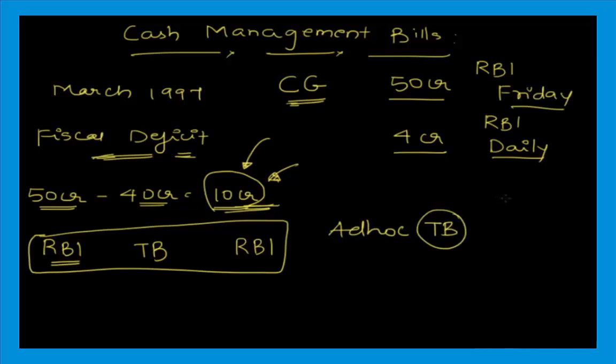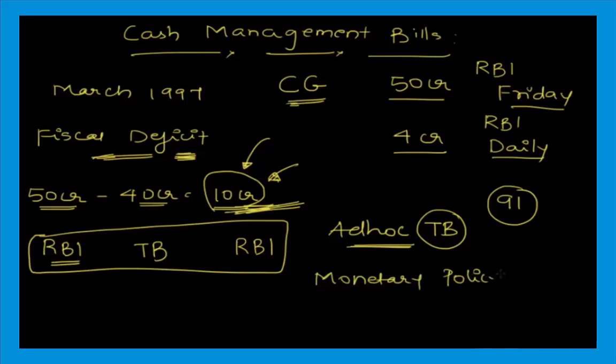Now, ad hoc treasury bills were typically 91-day instruments. But what kept happening is over a period of time our fiscal deficit kept increasing and hence this gap kept widening. The ad hoc treasury bill measure was not sustainable because ultimately all the money that the central bank was trying to use was more to do with maintaining the monetary policy.